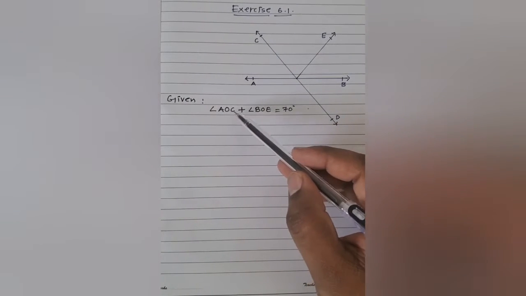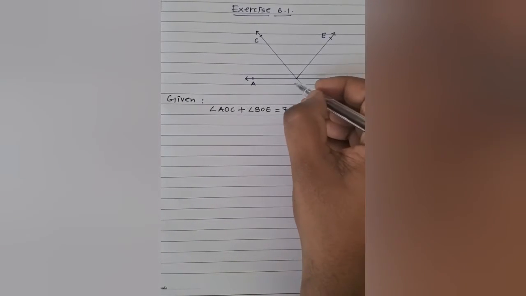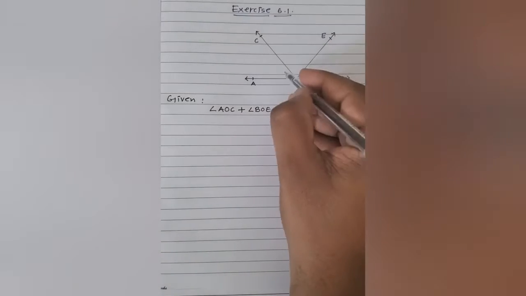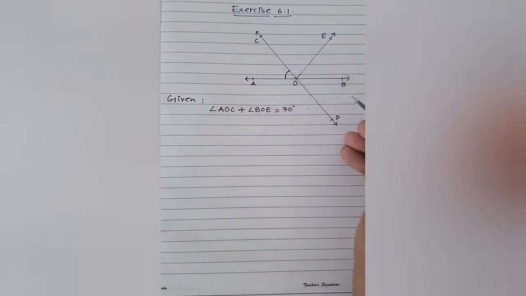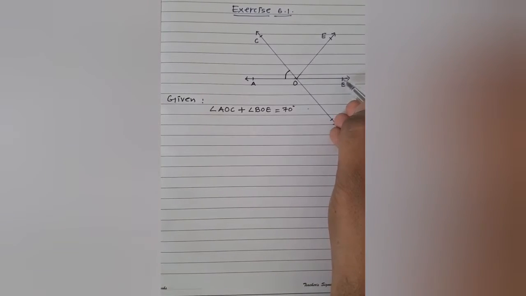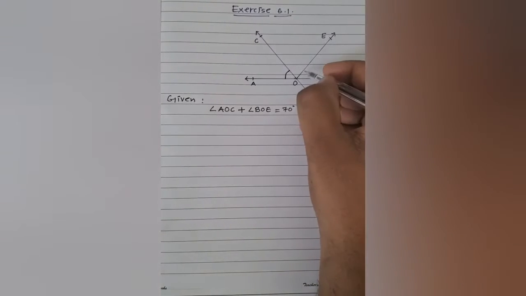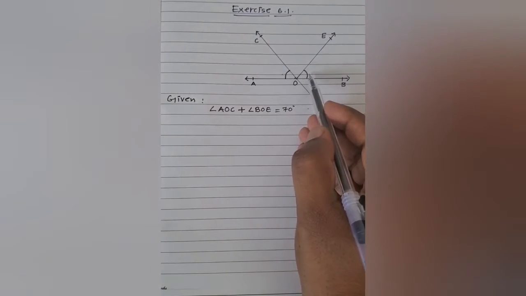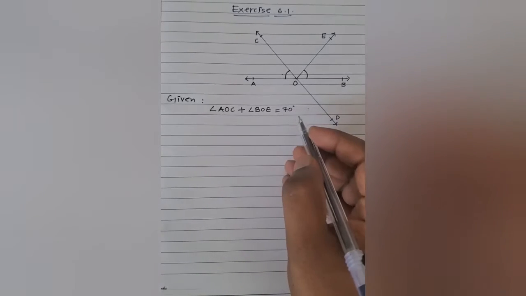Angle AOC, as per the figure, is this angle, plus angle BOE. Where is BOE? This angle. So the sum of these two angles is given as 70 degrees.